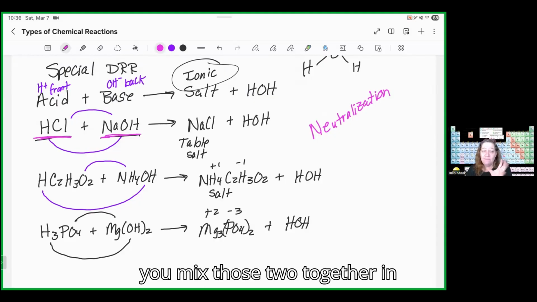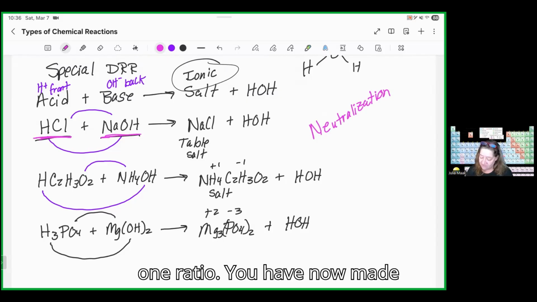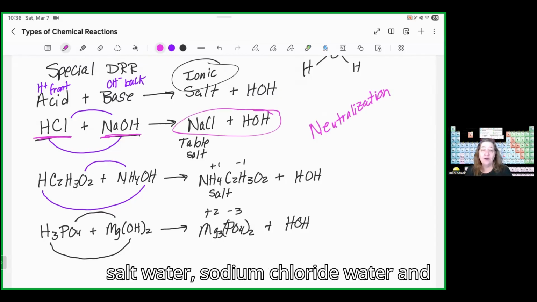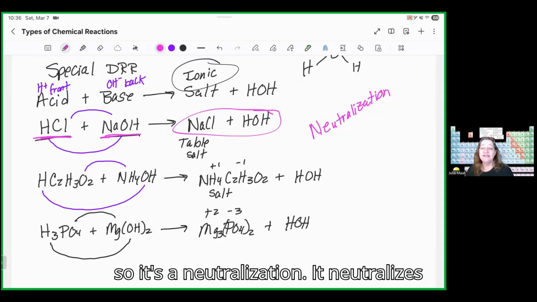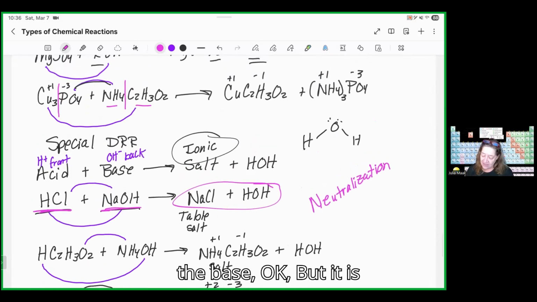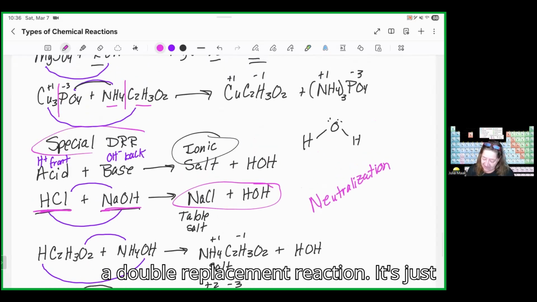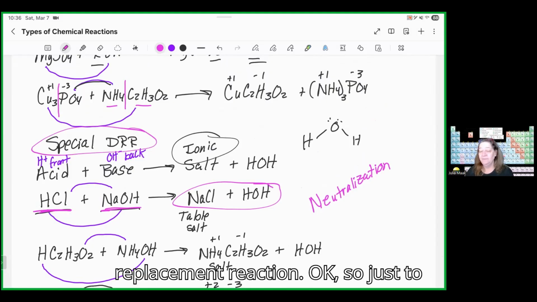But if you mix those two together in the perfect 1-to-1 ratio, you have now made salt water, sodium chloride water, and you could absolutely drink that. So it's a neutralization. It neutralizes the dangers of the acid and the base. But it is a double replacement reaction, just a special kind of double replacement reaction.